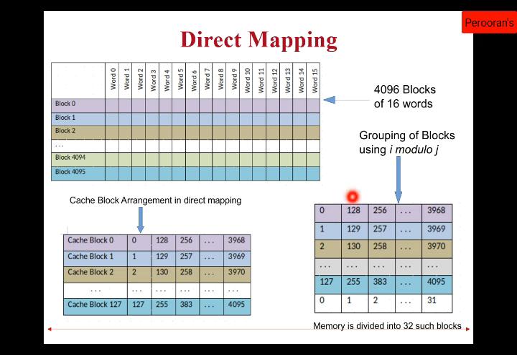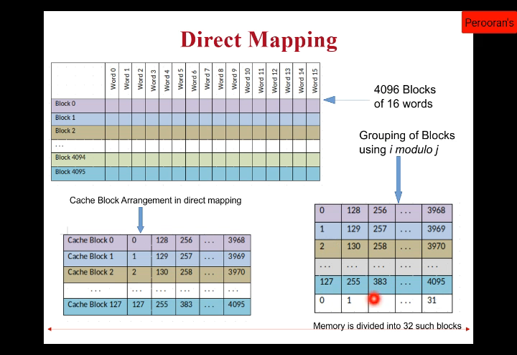So we are placing this here. Now, this 5 bits we are talking about: I already told you, when you divide these 4096 blocks by 128, how many do you get? As a result, you get 32.